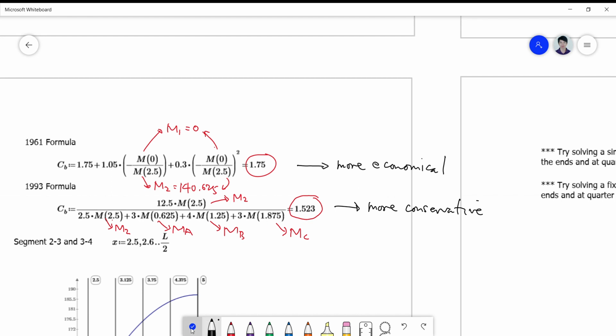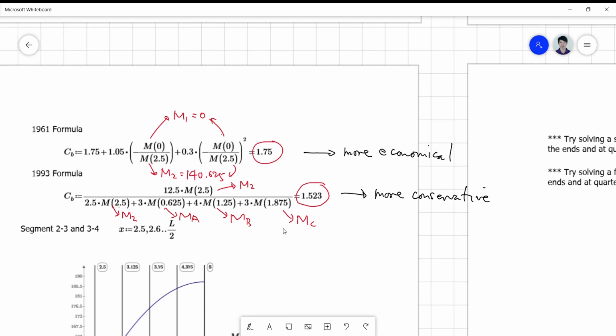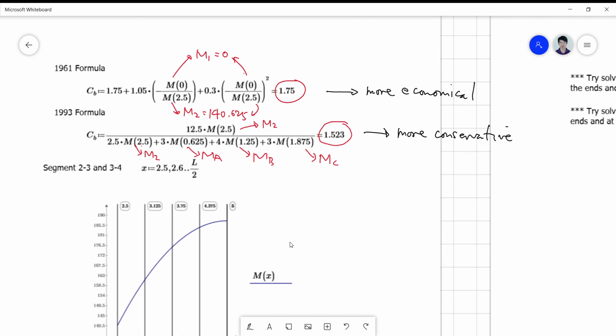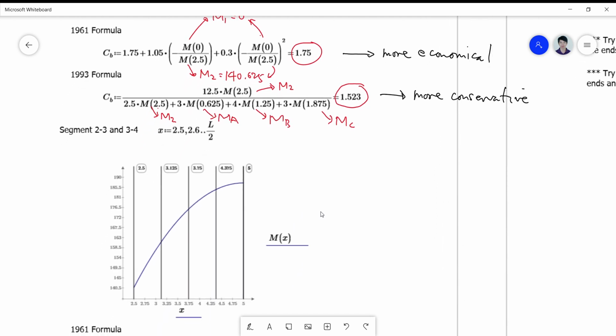So for segments 2-3 and 3-4, you just change the range into which your moments are determined. Again, you get your segment 2, your segment 3, and then you cut it into A, B, C. Okay, so what are your x's?